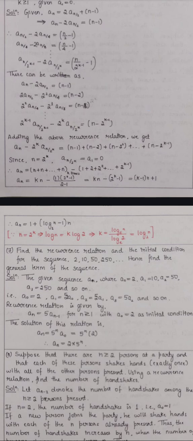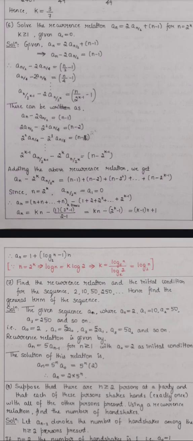These can be written as an - 2a(n/2) = n - 1. That is given. And then we can write it as 2a(n/2) - 2 square a(n/4) = n - 2.